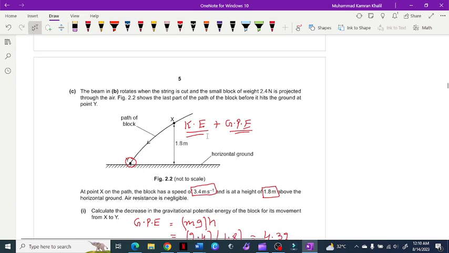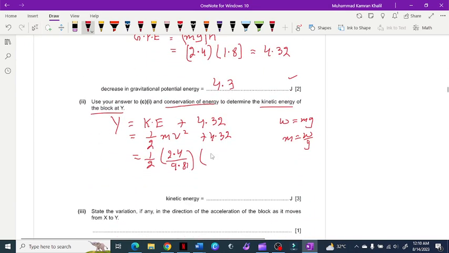The velocity is given as 3.4, so 3.4 squared, multiplied by 2.4, divided by 2, divided by 9.81, and then plus 4.32.